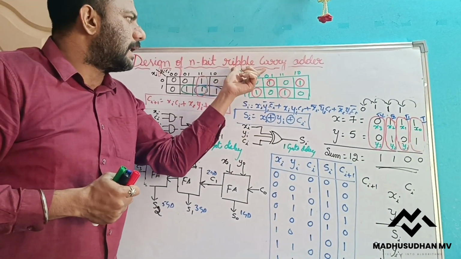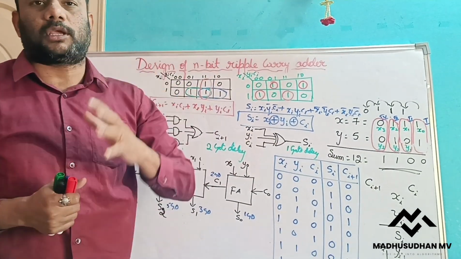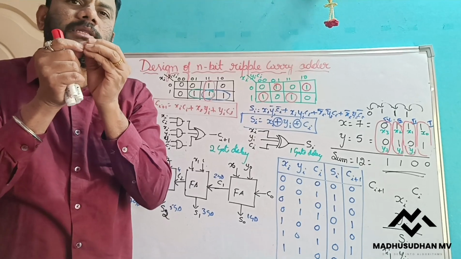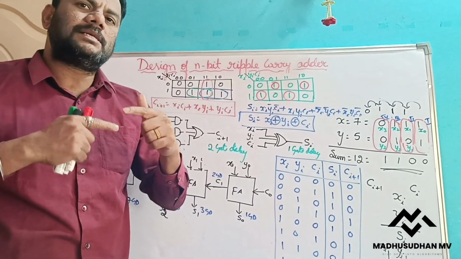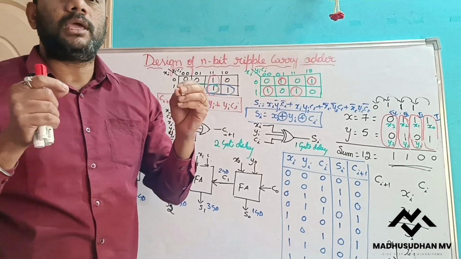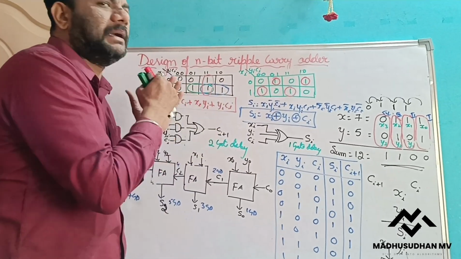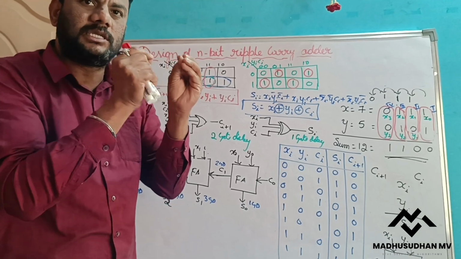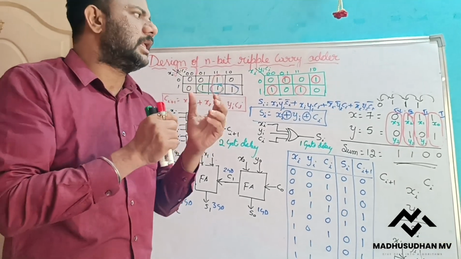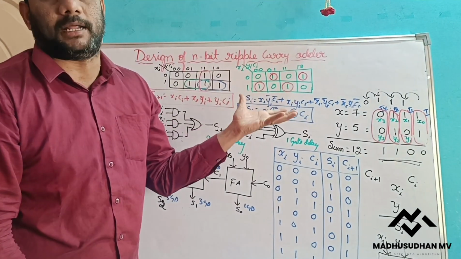So this ripple carry adder is a slower circuit because it depends upon the carry generated in the previous stages. In order to design a fast adder, we have to eliminate this dependency. If we remove this dependency, then we can design a fast adder.